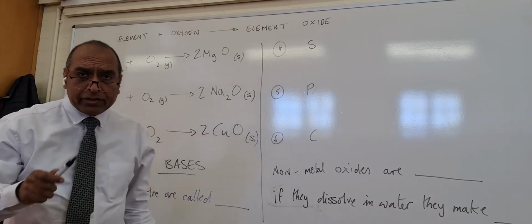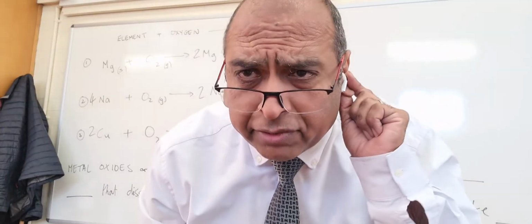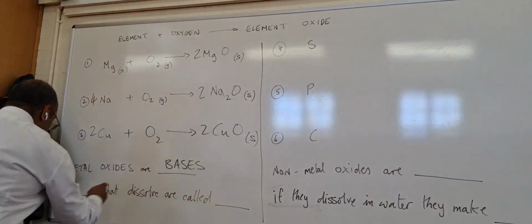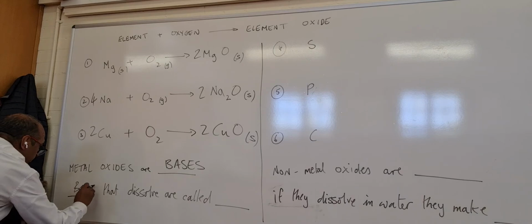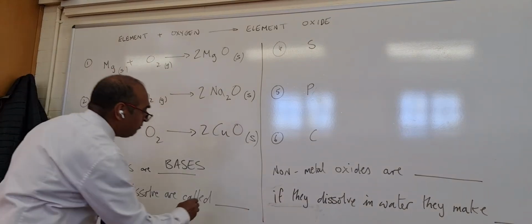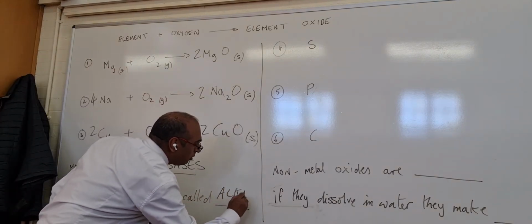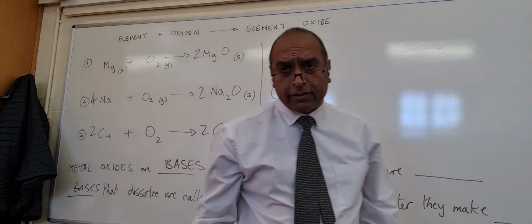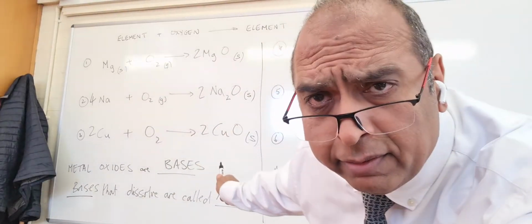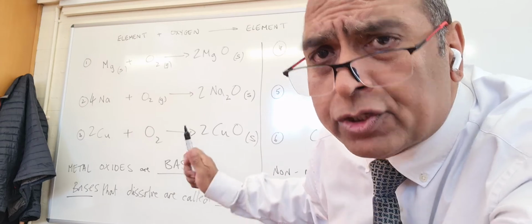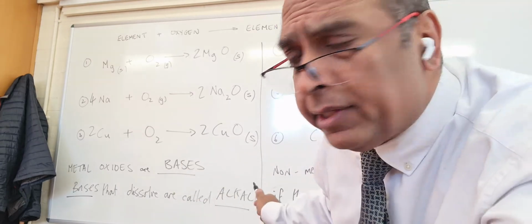Now, bases is a term I'm going to explain in a future video, but bases that dissolve are the alkalis of our world. So the important thing to learn from that is that metals when they burn give you bases, and the soluble bases are the alkalis of the world.